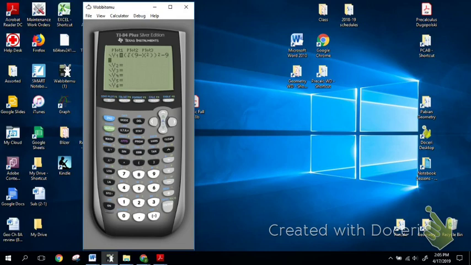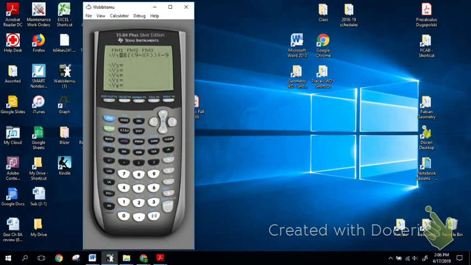Students troubleshoot their calculators. Make sure none of your plots are on. If you have anything up here that's on, scroll up to it and turn it off. You probably still have data plots on.